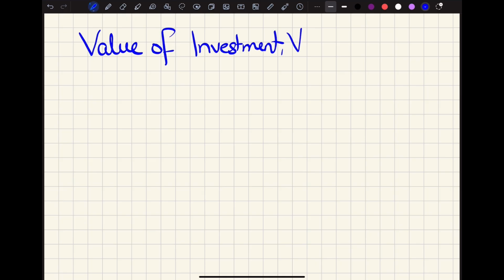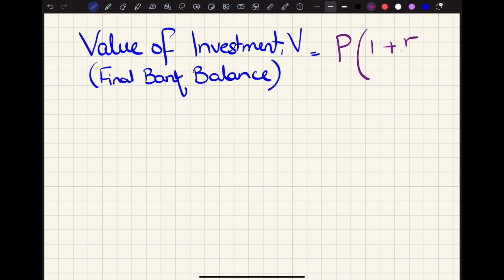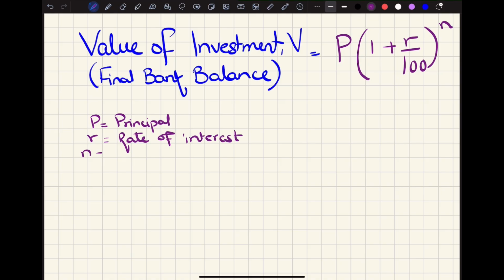Okay, now what is the formula that you can use to directly apply the concept of compound interest? So the formula is basically your final bank balance, or the value of investment, this is also known as the final bank balance, is P into (1 plus R over 100) to the power N. Okay, where P is the principal amount, R is the rate of interest, N is the number of times interest is compounded.